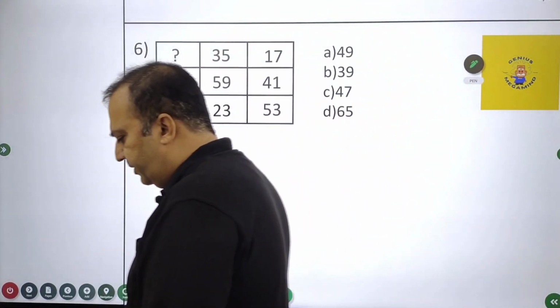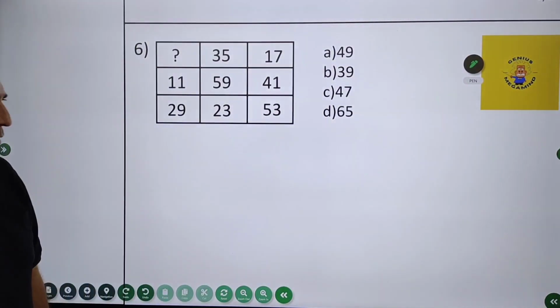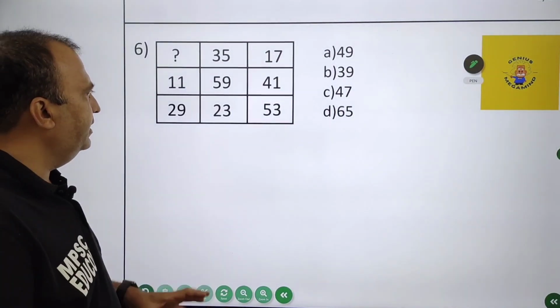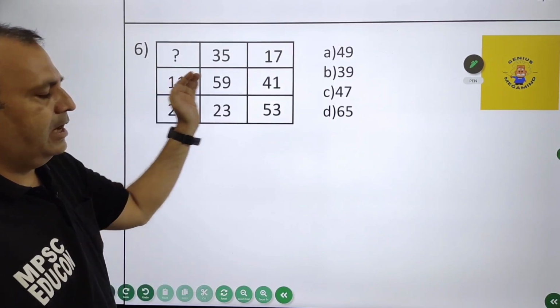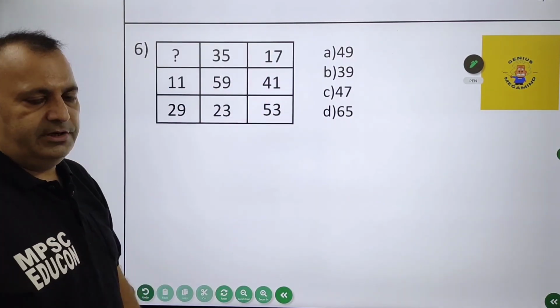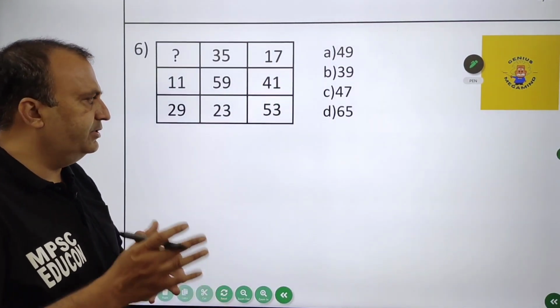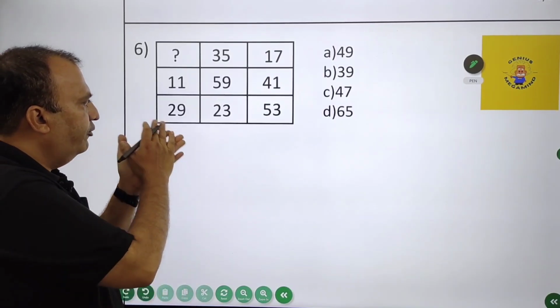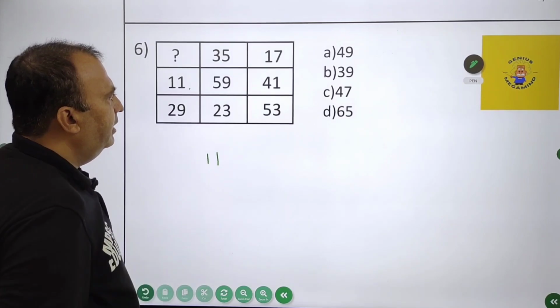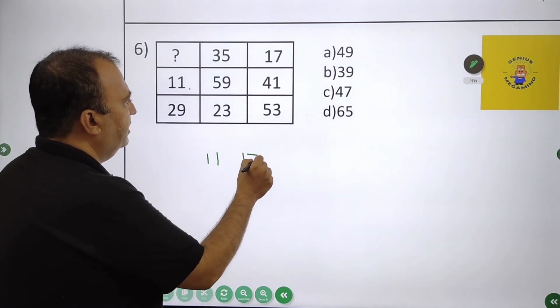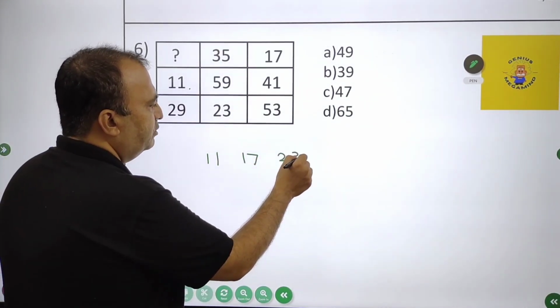Now question number 6, my friends. Looking at the question, one can easily see that the numbers arranged over here in the magic square are in increasing order. So obviously I'll get a series of increasing order. First of all, I'm going to check out the smallest number, which is 11. After 11 the number is 17. After 17 it is 23.